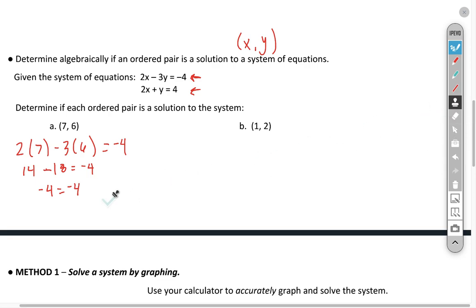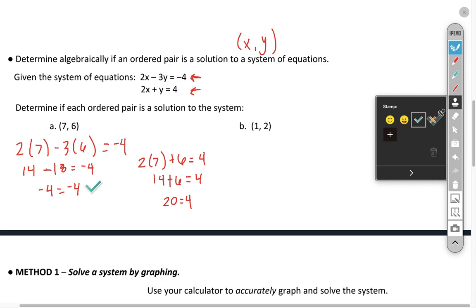This one is going to work. But we don't know if it's going to work for our second equation, so let's plug that one in. We've got 2 times 7 plus 6 equals 4. We get 14 plus 6 equals 4, which gives us 20 equals 4.